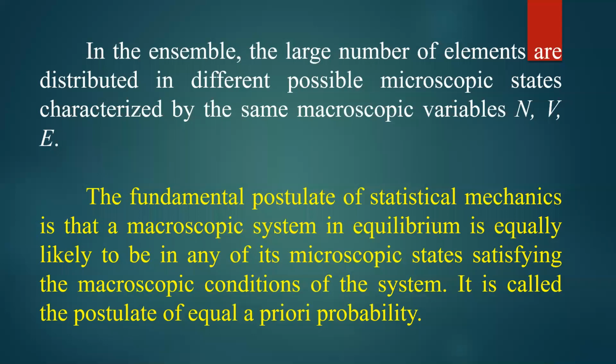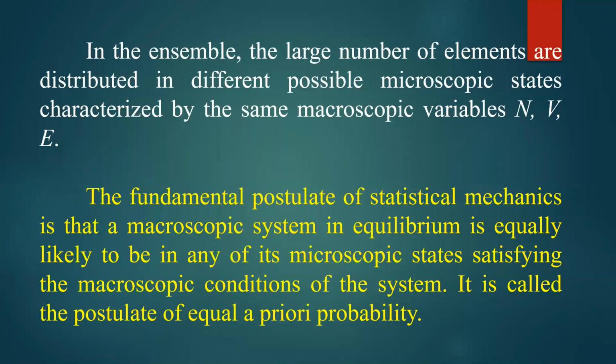You can find the system in the selection of the microscopic state. The macroscopic system in equilibrium is equally likely to be in any of its microscopic states, satisfying the macroscopic conditions of the system. That is called the postulate of equal a priori probability.